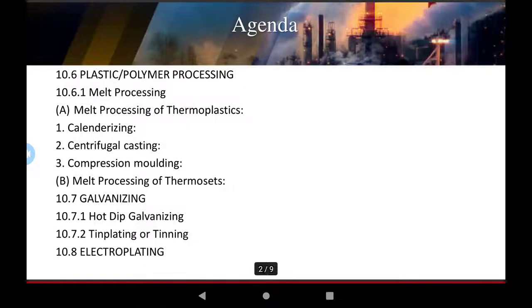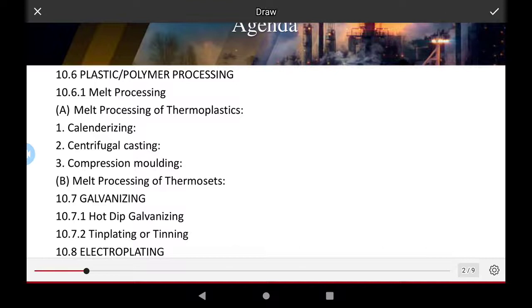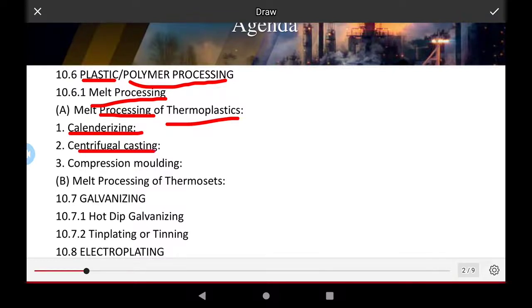Agenda for today. In this last lecture of the series, in the introduction to manufacturing processes, we cover plastics and polymer processing, melt processing of thermoplastics, galvanizing, centrifugal casting, and the application of mold powder.